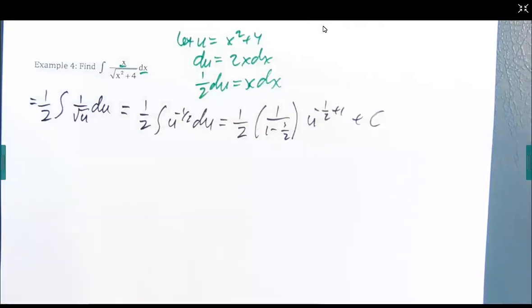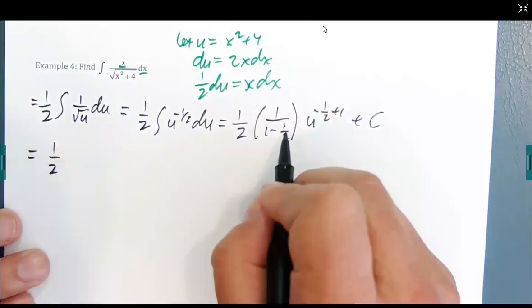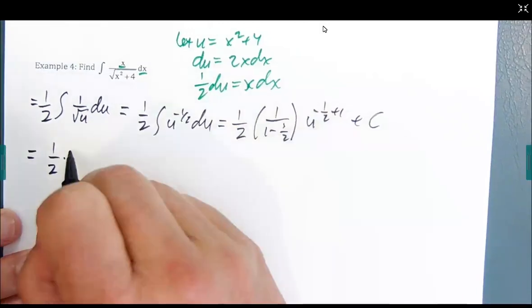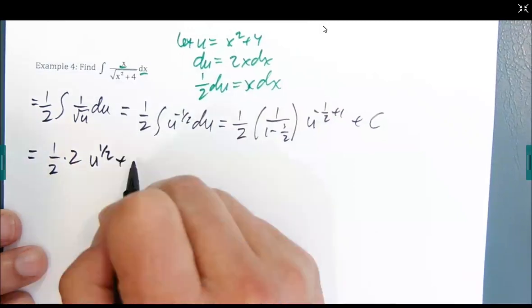And all of that turns into, that becomes a 1/2, and the reciprocal of that is 2. This becomes u to the +1/2 power plus c.